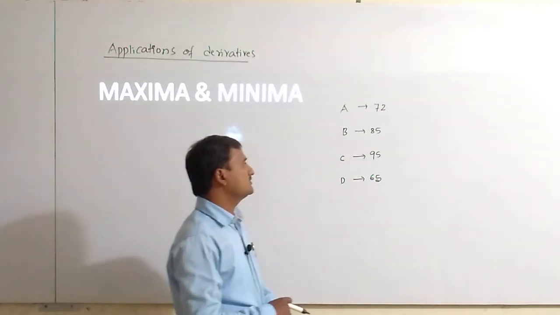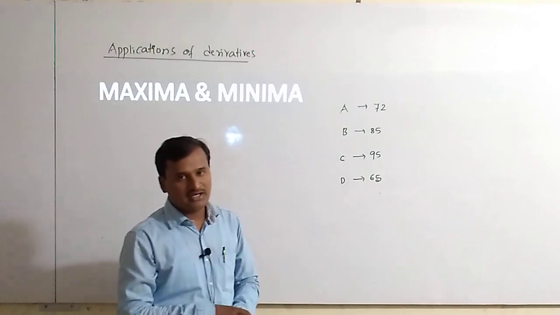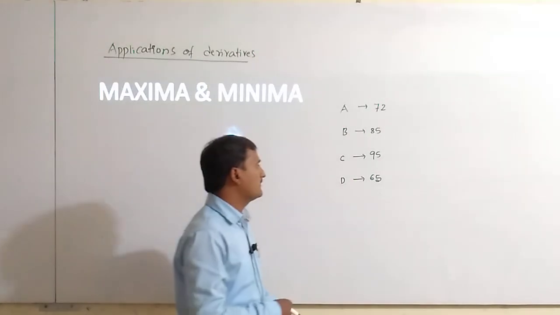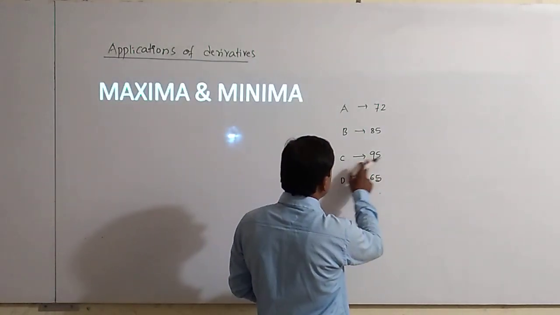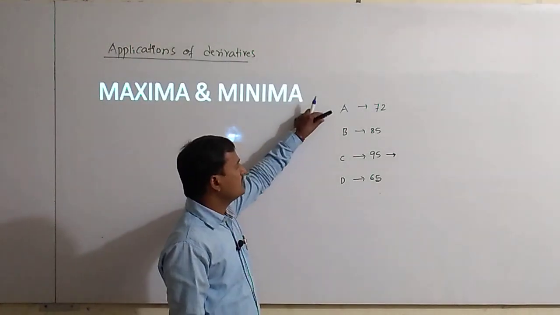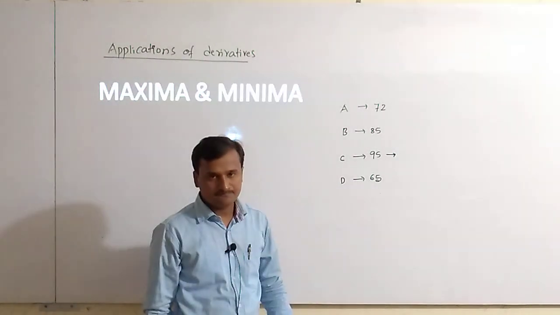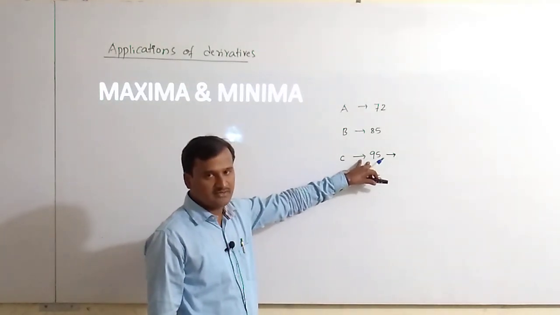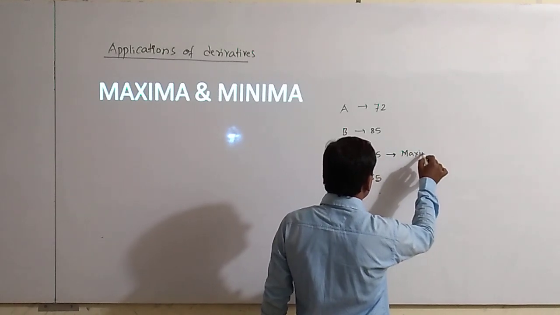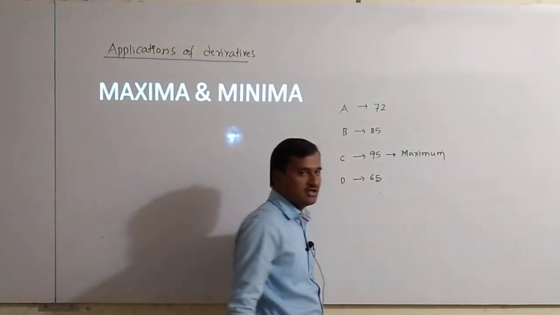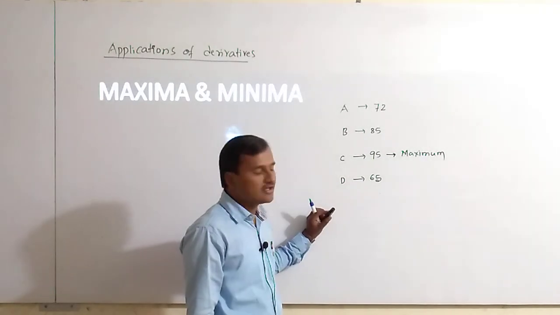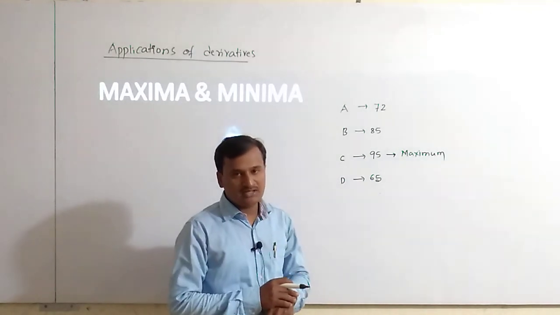By comparing the marks of all the four students, who is having more marks? So clearly we say that the student C is having more marks as compared to A, B and D. So he is having the more marks, hence the maximum marks is 95 by taking the four students. Okay, now what is the minimum marks?